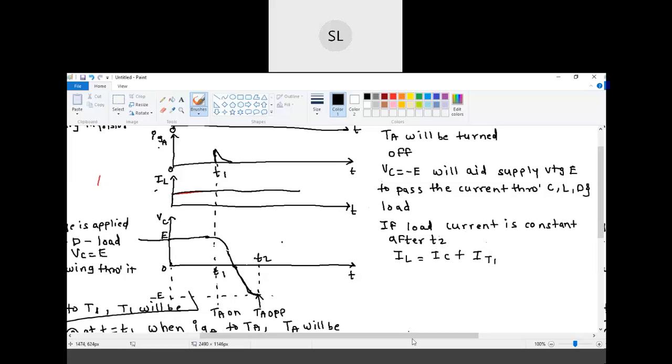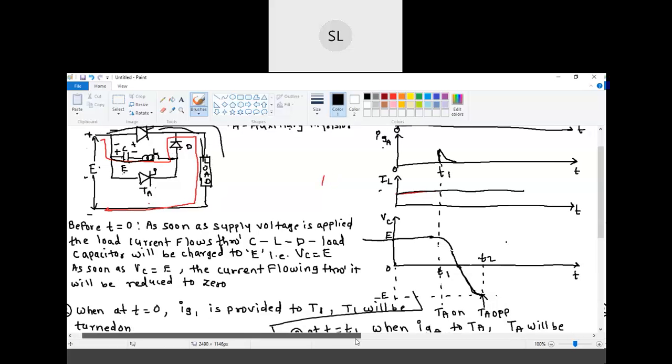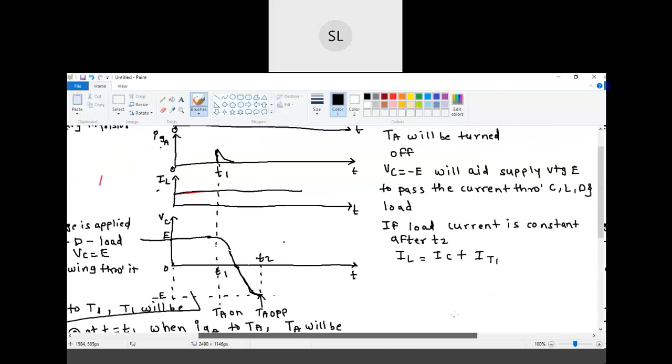As I have told you, the load current is flowing in two paths: one through T1 and the other through C, L, D and load. So the load current is the sum of the current IT1 through the main thyristor and the current through the capacitor C.